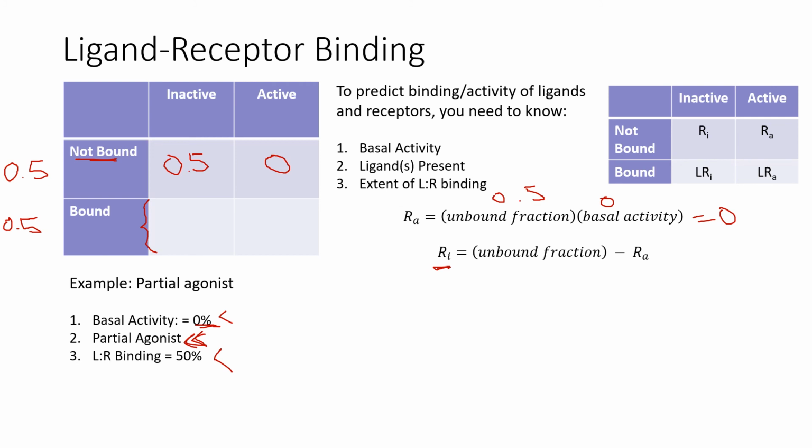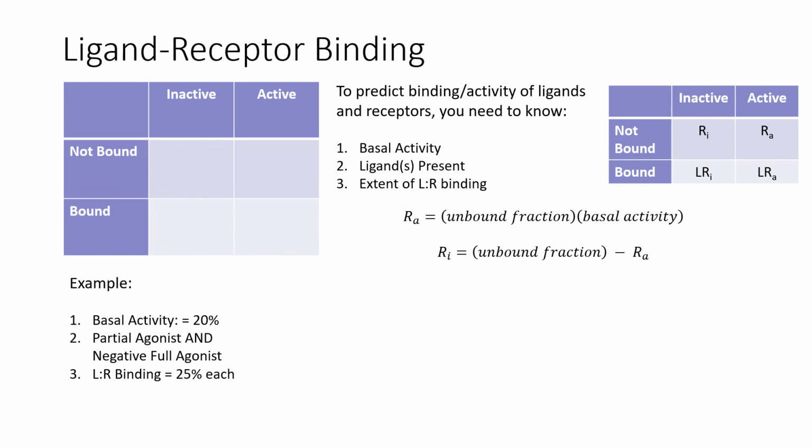So what this means is that the active proportion has to be larger than the inactive proportion. And so I have this greater than sign. Because we haven't really defined what this partial agonist is, this has to be a larger number than the inactive portion. And so for now, we can create an arbitrary number. We can make this 0.3, and we can make this 0.2 to finish our square.